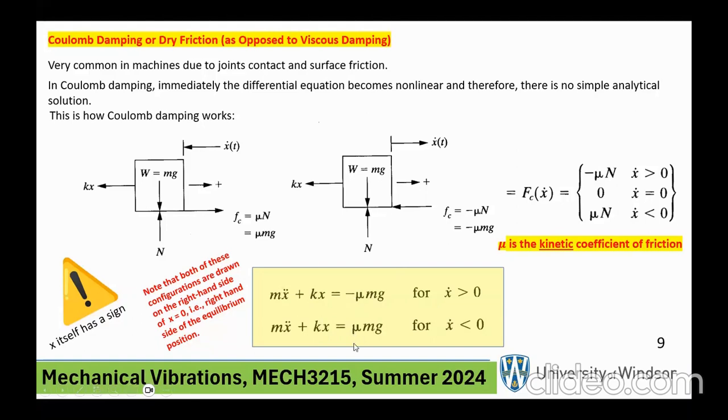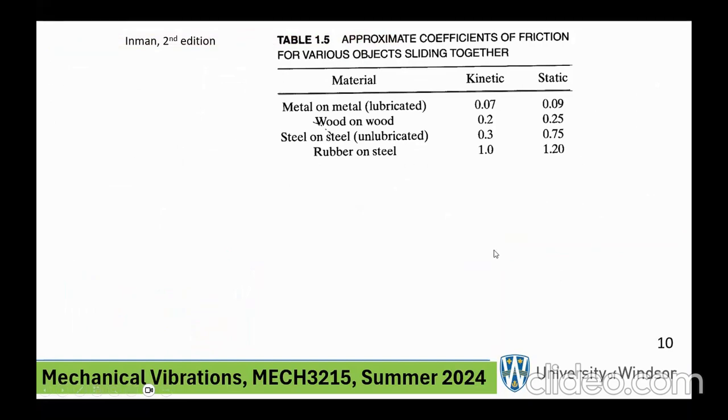Okay. Incidentally, the value of mu is the kinetic coefficient of friction. Remember, from elementary statics, you have two types of friction coefficient, static and kinetic, and this is the kinetic one that we're talking about. If you look at some of these elementary books, you do find a friction coefficient, both static and kinetic, for different scenarios, such as here.